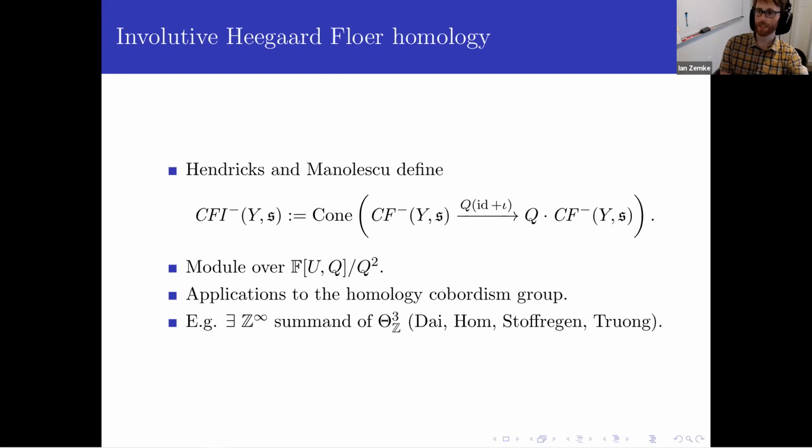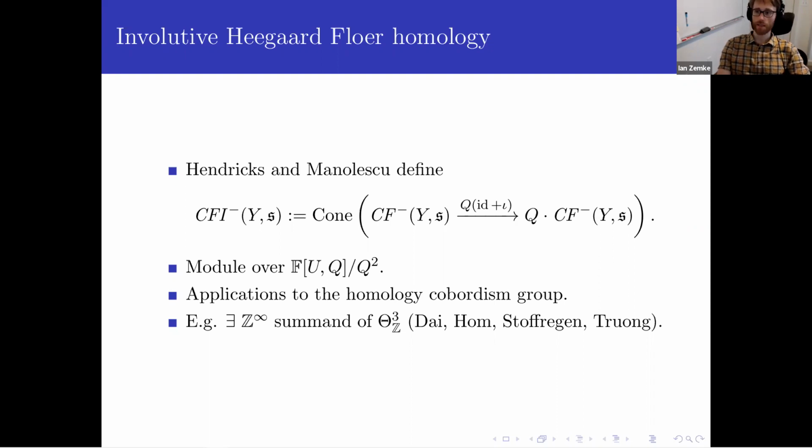But that's a hard thing to do, right? To show that there's a summand algebraically, you have to construct homomorphisms, and so they constructed homomorphisms from the homology cobordism group. The philosophy is that if you have an invariant over F adjoin U, if you have ordinary Heegaard Floer homology, the only real homology cobordism invariant you could look at would be the d invariant.